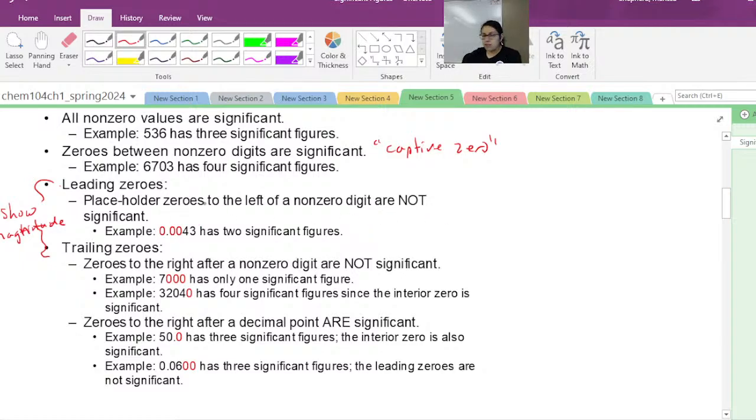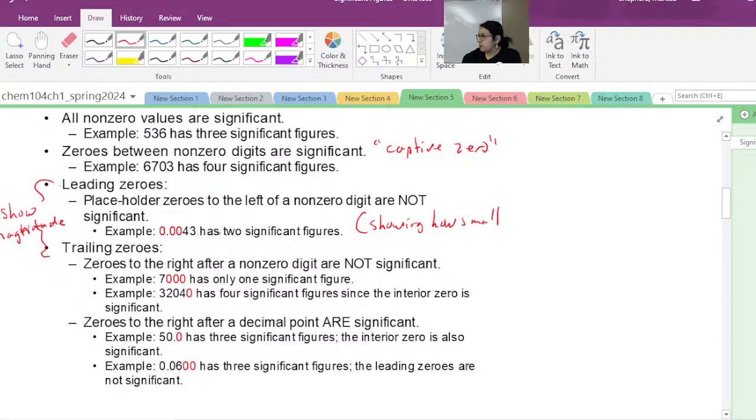So if we're looking at this number, 0.0043, it only has 2 sig figs. That's because all these in front are just showing how tiny. They don't represent accuracy, but magnitude. So maybe you want to write that: showing how small.